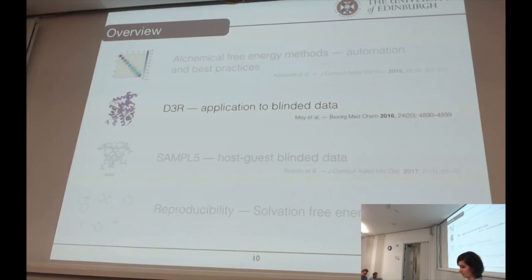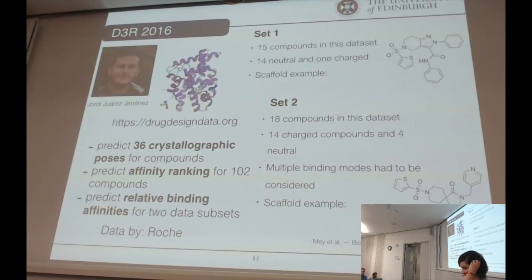And then we applied this to the D3R blinded dataset in 2015 and 2016. I'm only going to talk about the 2016 dataset. D3R is a consortium in the US between academics and the pharma industry, where they identify data sets that might be interesting to predict binding affinities.